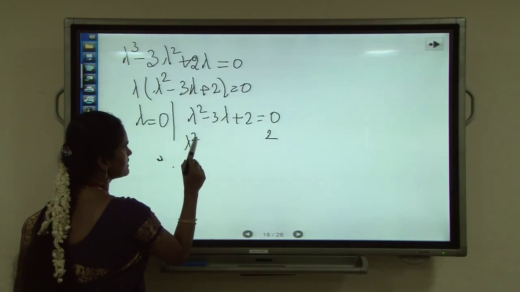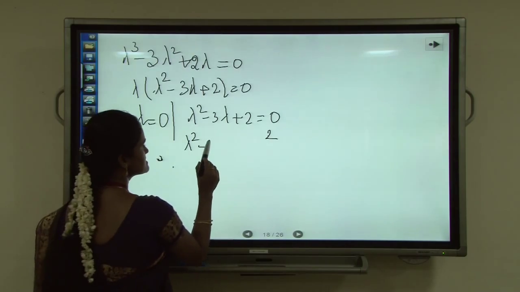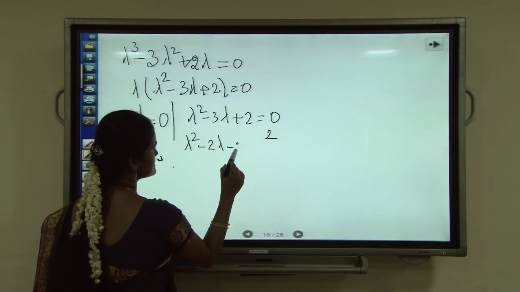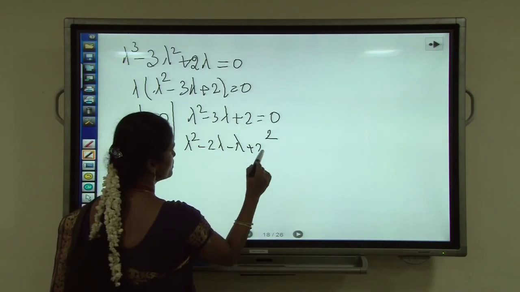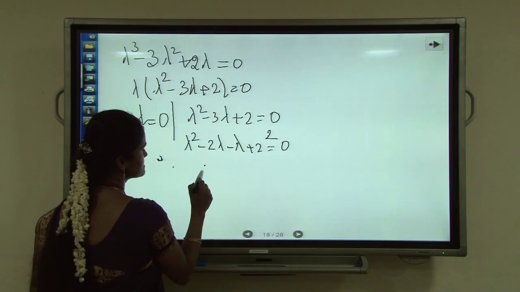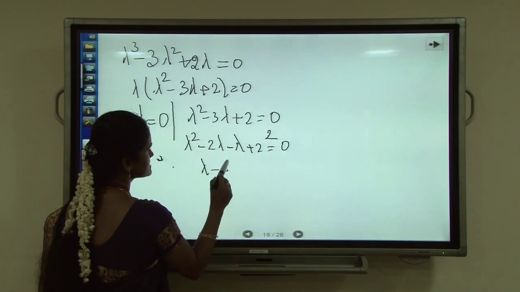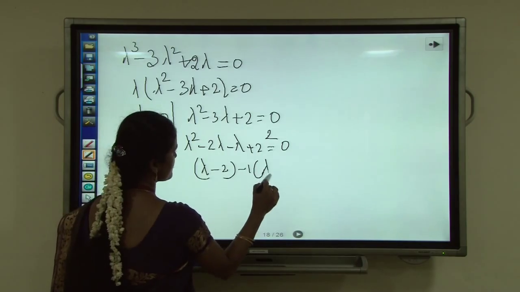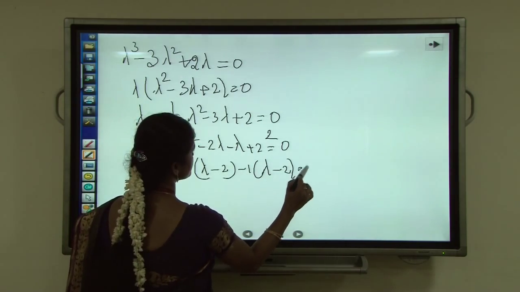Lambda square minus 2 lambda minus lambda plus 2 is equal to 0. In that case, you will have lambda minus 2, and taking minus 1 as common, this is lambda minus 2 is equal to 0.